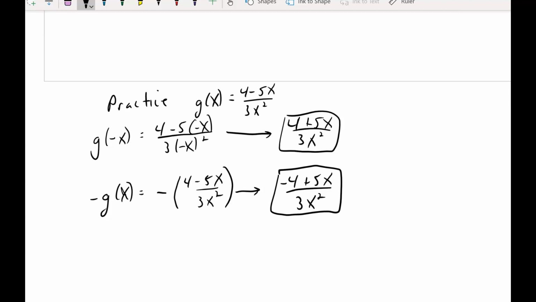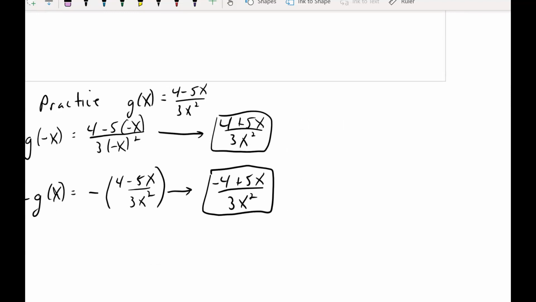There's not much really surprising for g of negative x. That usually won't cause too much trouble. But just a reminder, when you have the opposite of g of x, sometimes students will want to place a negative in the numerator and the denominator.